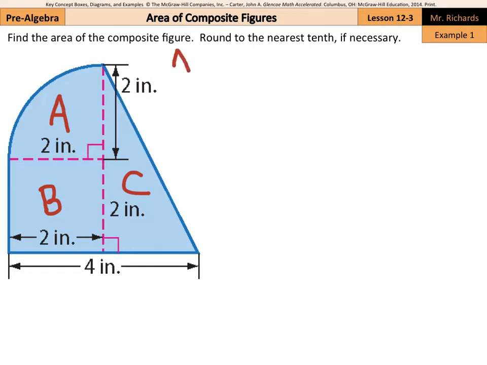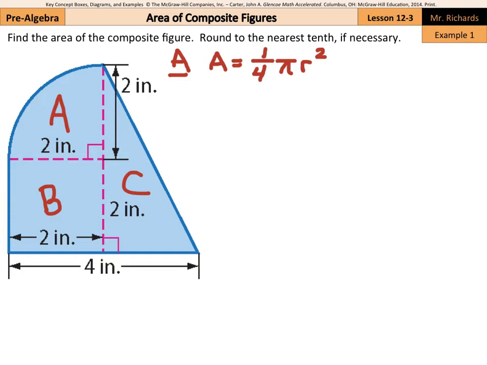So for shape A, this looks like a quarter circle. And so area is going to equal 1/4 times pi radius squared. Half a circle is 1/2 pi r squared. A quarter circle would be 1/4 pi r squared.